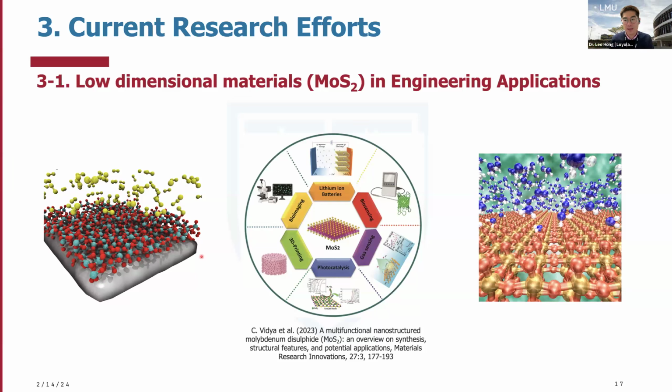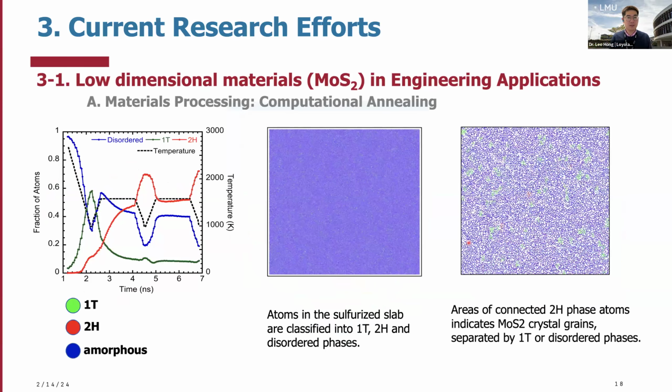Okay, then next one. Here's the challenge. Experimentally, they synthesize the material MoS2 using sulfur gas and MoO3 that I showed in the previous slide. But when they do that synthesis, the materials fully react with each other, leading to MoS2.